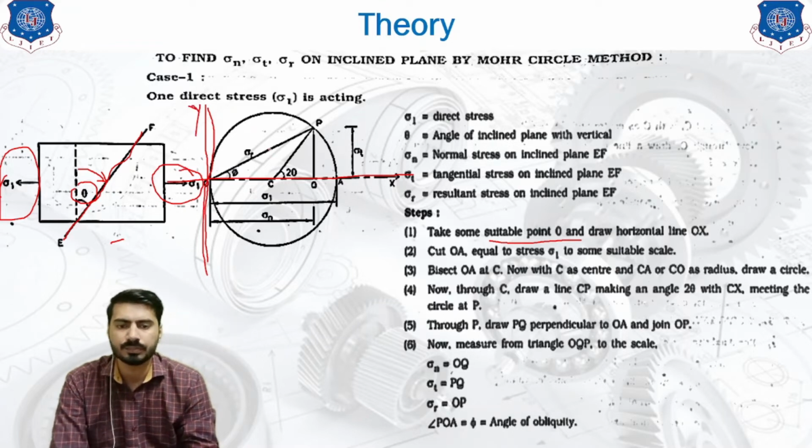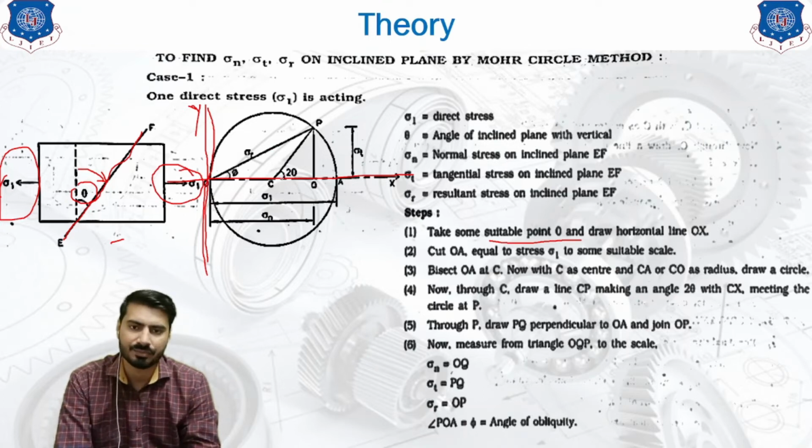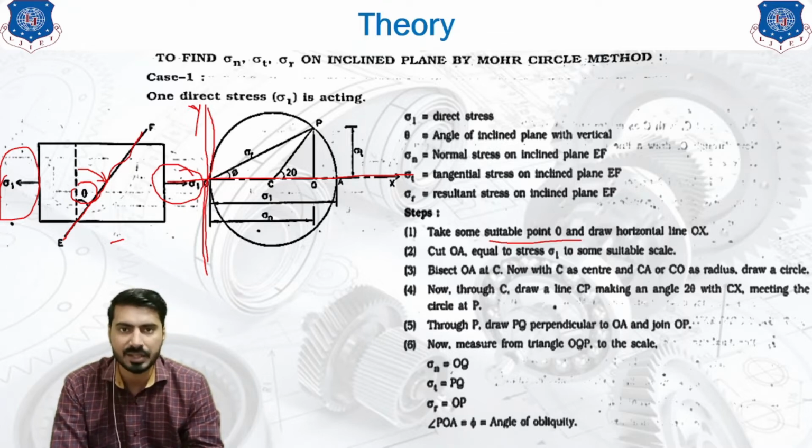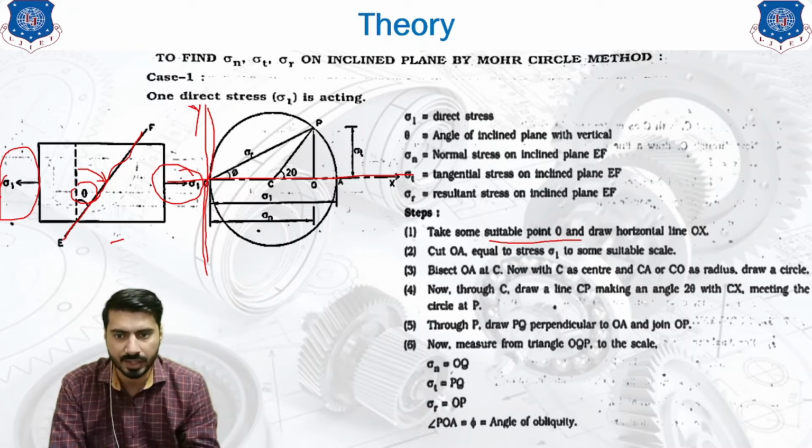In this case we have only one stress, sigma 1, we don't have any sigma 2. Whenever we draw sigma 1 in our diagram, we have to draw it on the right side of the O point.